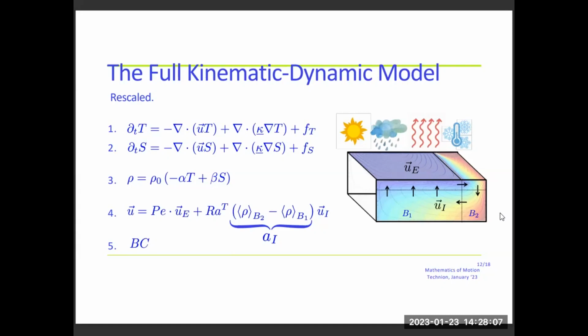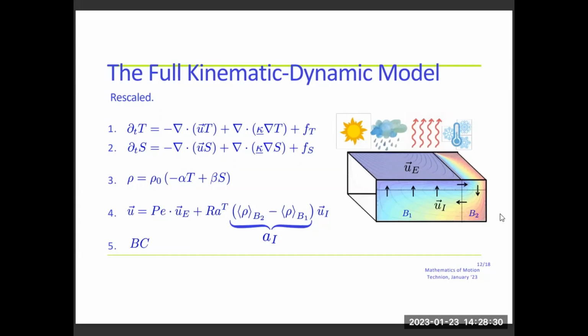The coupling between these two equations is through the velocity field U. The density is a function of T and S. We're taking only the linear approximation. And the velocity field is some predetermined velocity plus a dynamical strength. So it's just the coefficient, which is dynamic.